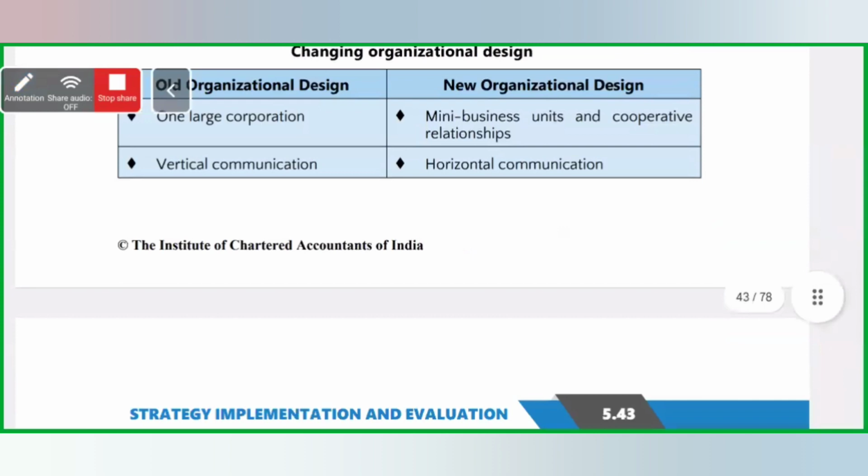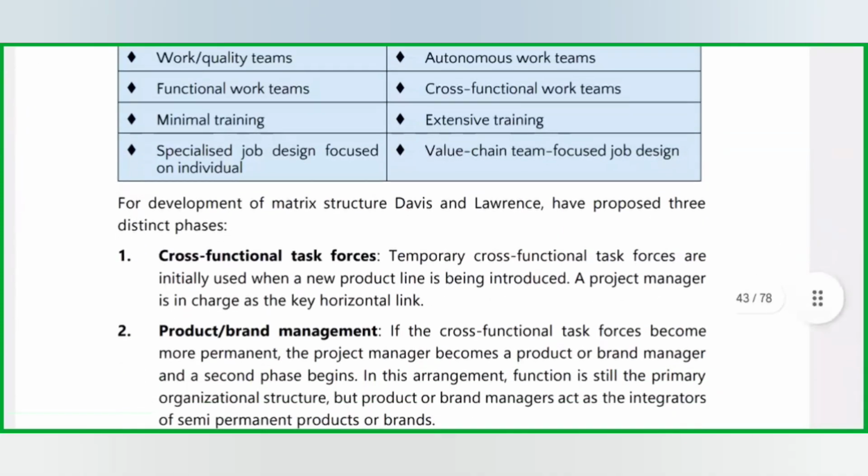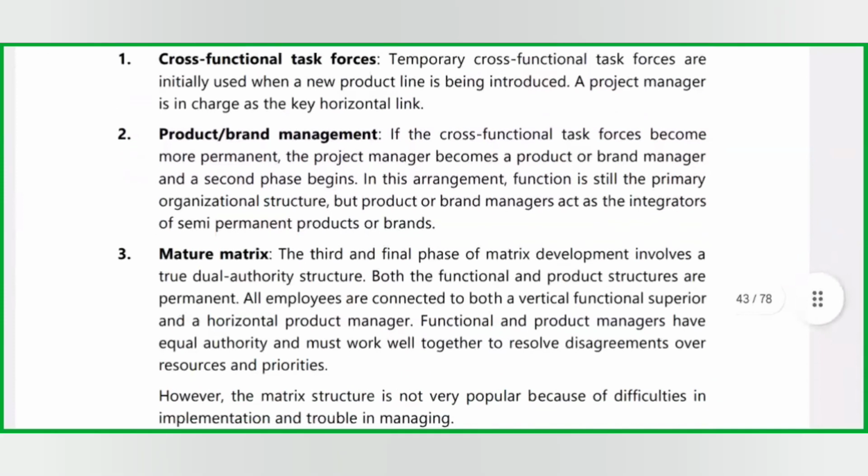Okay, so in organizational design, the difference is given here. Now, for the development of the matrix structure, Davis and Lawrence have proposed three distinct phases. First is the cross-functional task force, which is a temporary cross-functional team used initially when a new product is introduced. Then there is product or brand management.